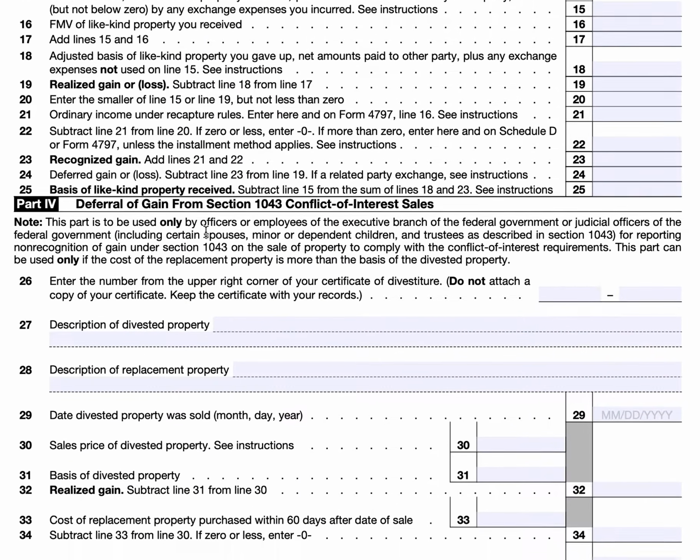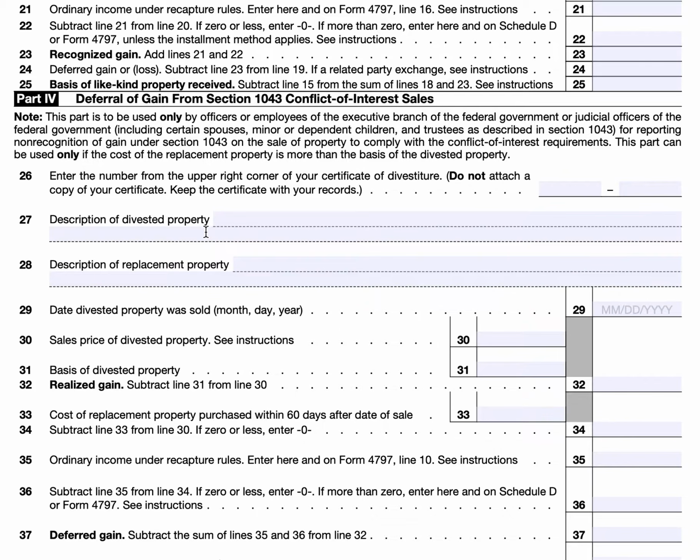And finally, Part 4, we'll go through this part briefly and lightly, but it's only used by certain officers or employees, either within the federal executive branch or judicial officers of the federal government. This might be Supreme Court justices, tax court judges, appeals court judges, so on and so forth.